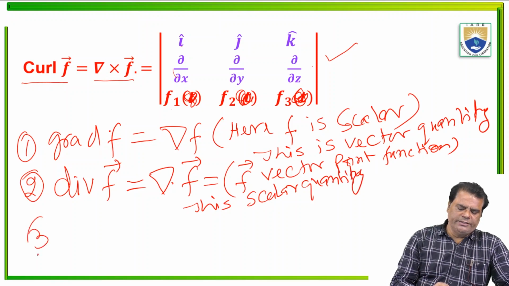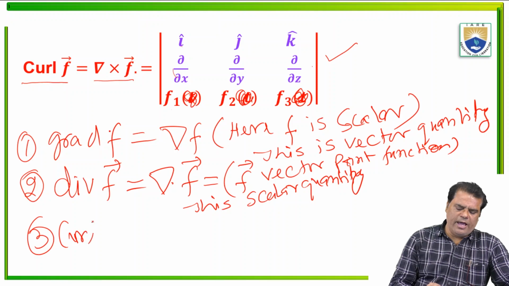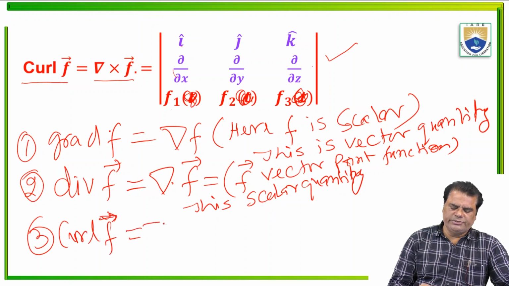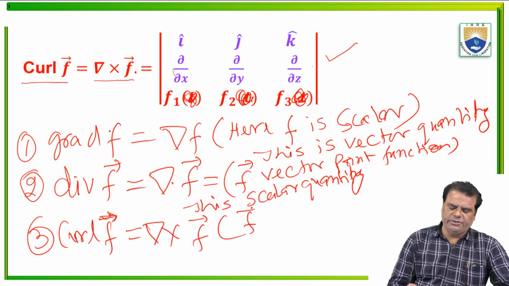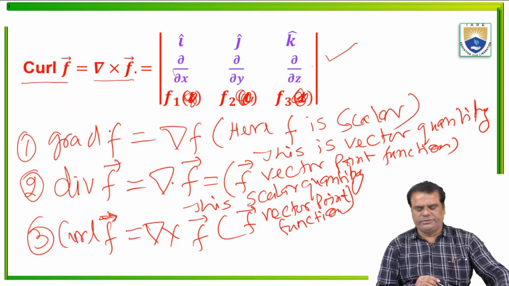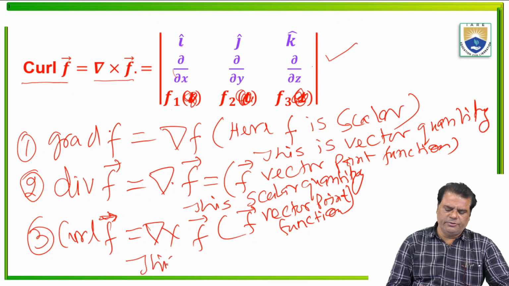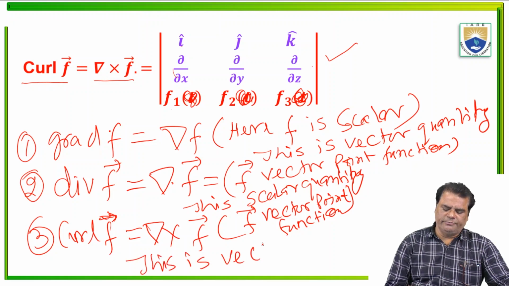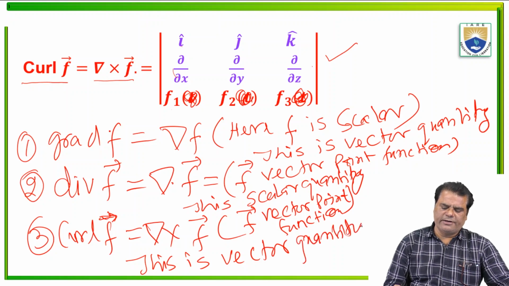And the third point is curl f. This is del cross vector f. Here f is a vector point function, but this is a vector quantity.